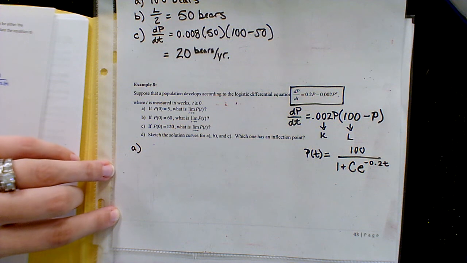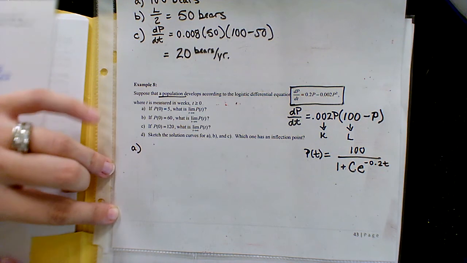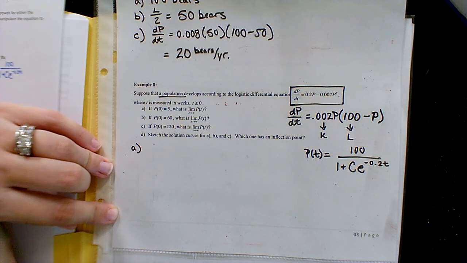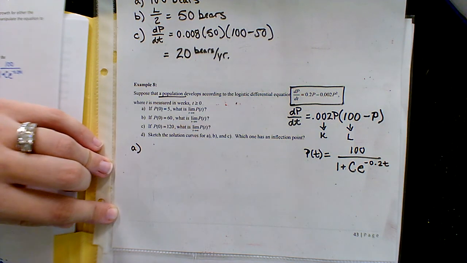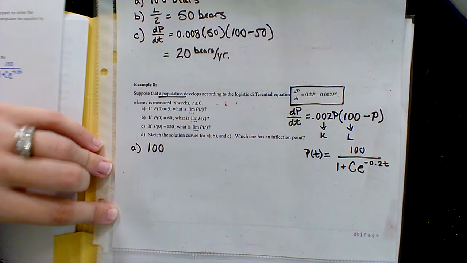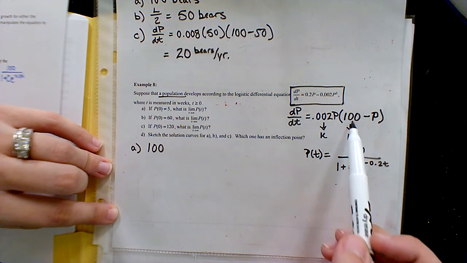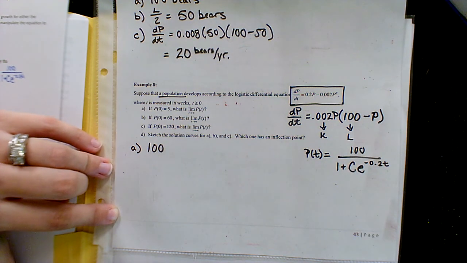If p of 0 equals 5, what is the limit as time goes on forever of the population of whatever population? They don't even tell us. What do you think? It'd be 100. That's your carrying capacity. As time goes on forever, you're never ever going to go above that 100 population.